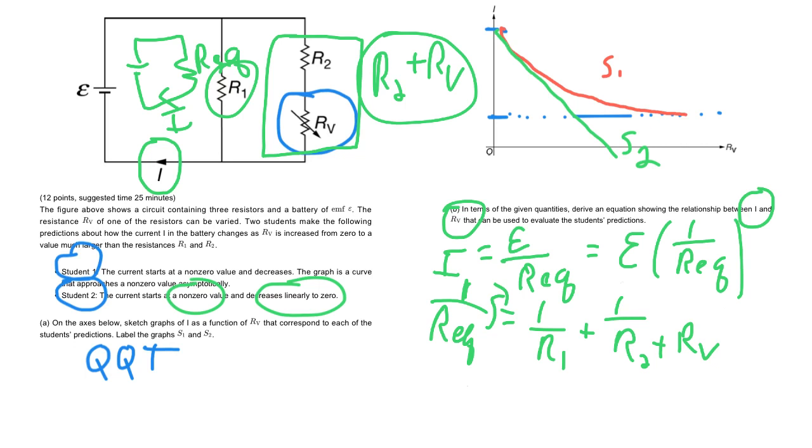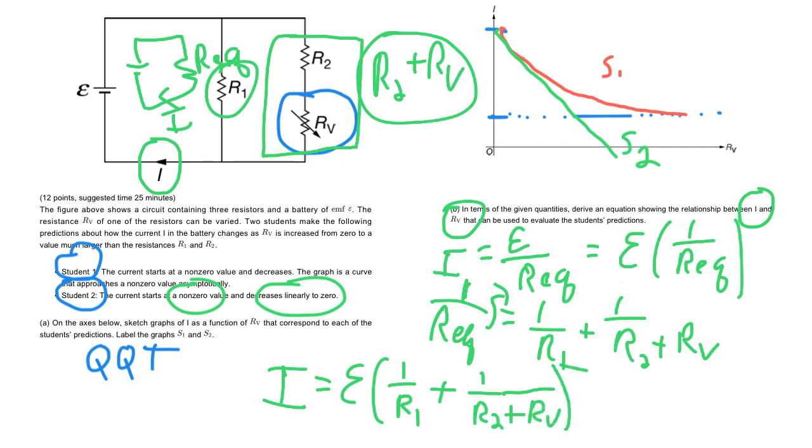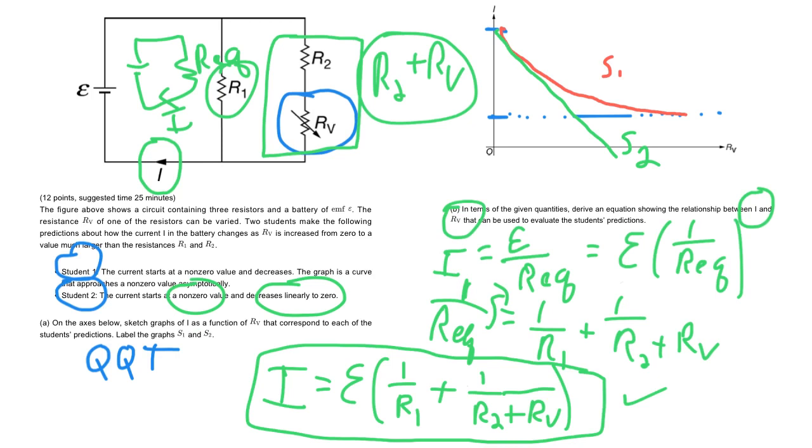In other words, my equation is I equals epsilon times the quantity 1 over R1 plus 1 over R2 plus RV. I think that's fine to leave it like this. You can take a look in the solution manual, and they do a little bit more algebra, but honestly, I think this is fine.